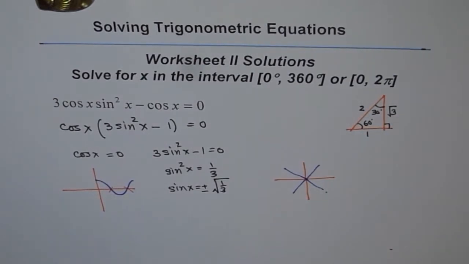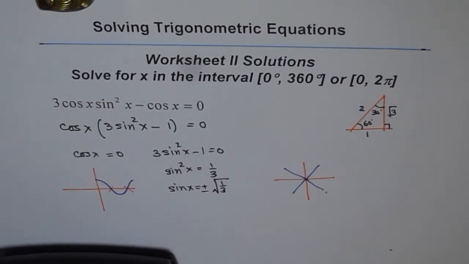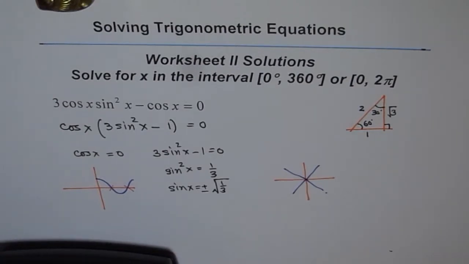So we basically need the calculator this time. We'll do 1 over square root 3 and then figure out what this answer is. So we'll do square root of 1 divided by 3, which is equal to this, and then we'll take sine inverse of this.